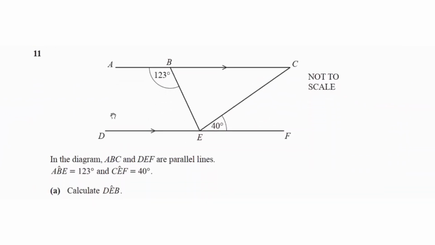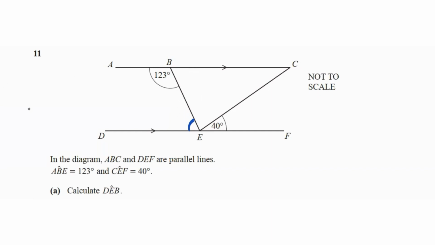Question 11 says in the diagram, ABC and DEF are parallel lines. ABE equals 123. CEF is 40 degrees. Calculate DEB. We have to calculate DEB, which is this one. So we know that co-interior angles add up to 180.